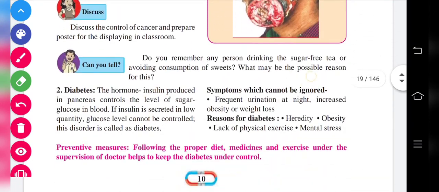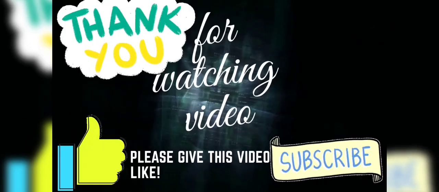After that we studied diabetes. Diabetes means uncontrolled, increased sugar level in the blood, because of low secretion of insulin from the pancreas. That is the reason for this. Next topic, we will study heart disease.